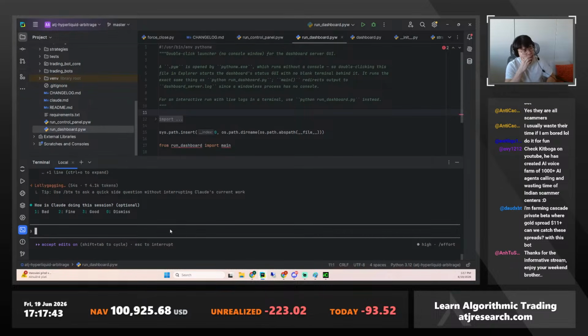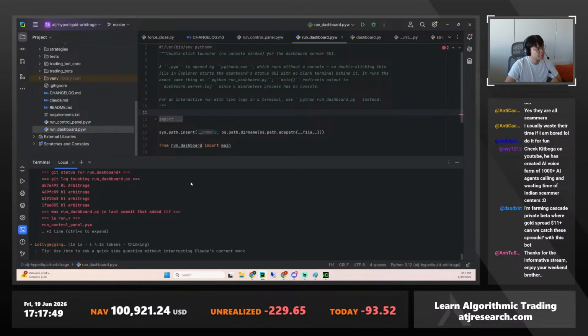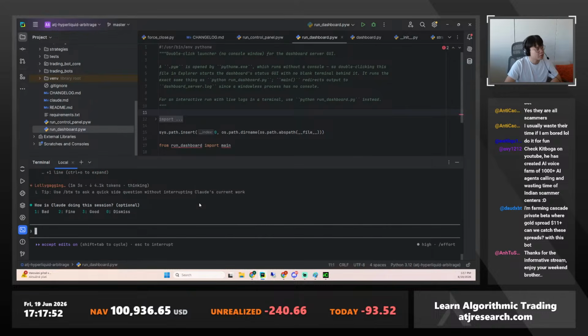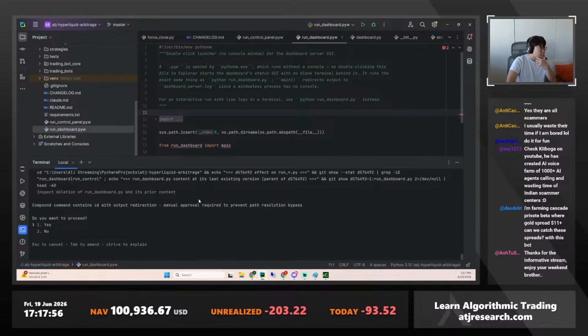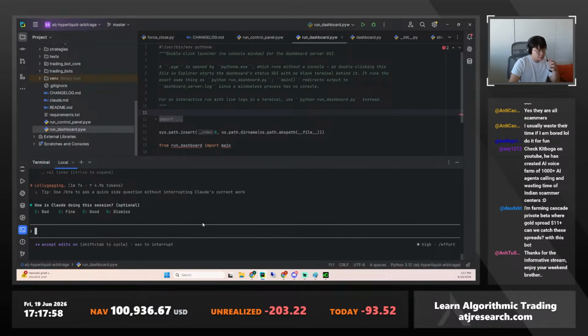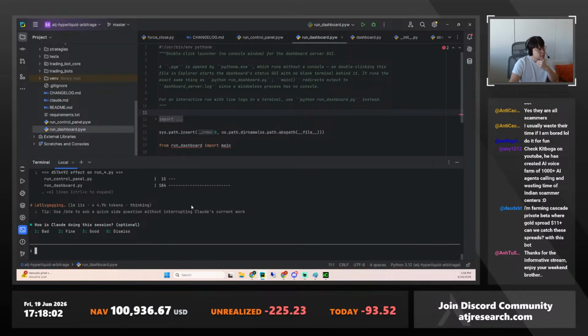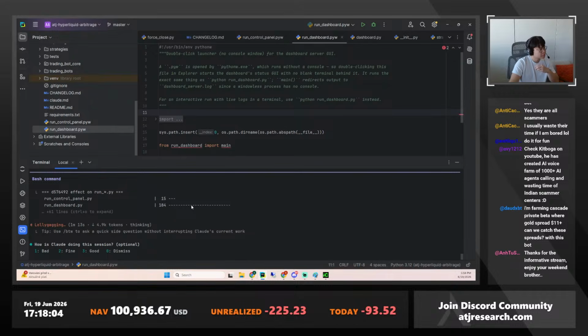Maybe I forgot to commit the file yesterday, so I don't have run dashboard included. So I will probably need to create a new run dashboard for this. Unfortunate. I think with Claude we can create just a new file, and then at home I'll check if I forgot to commit that.